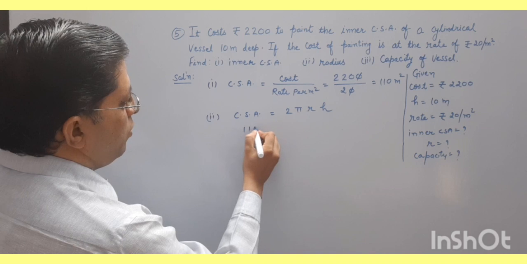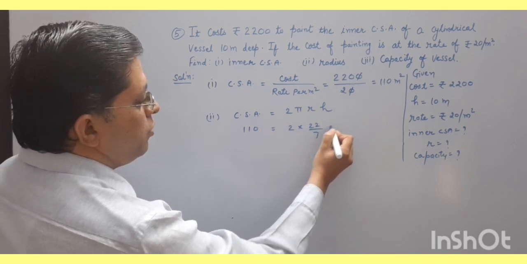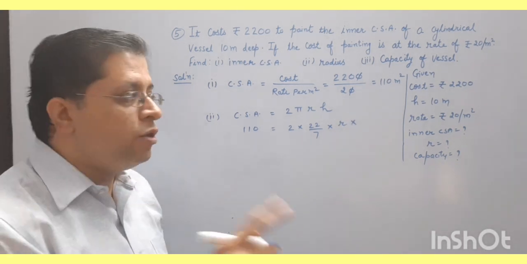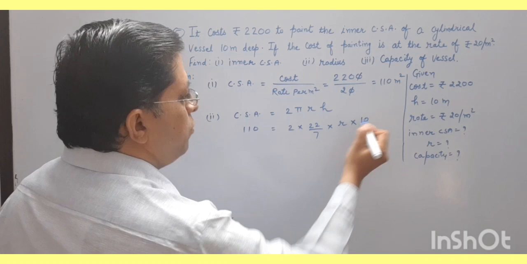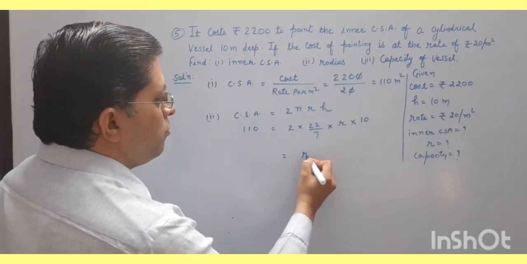CSA is 110, the value of pi is 22 upon 7, r you have to find, and h is given as 10. Then you find out r.